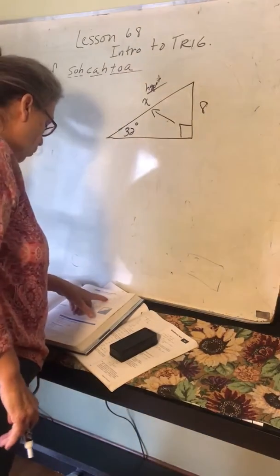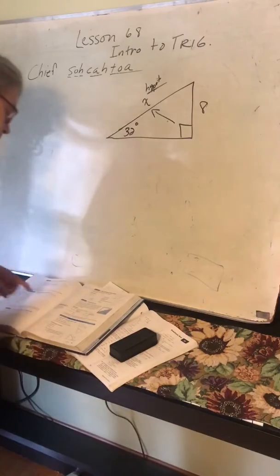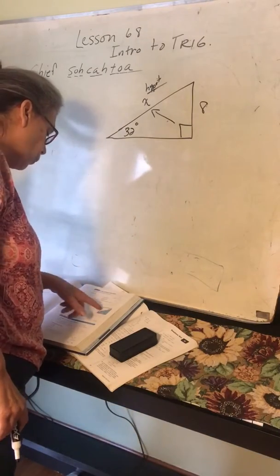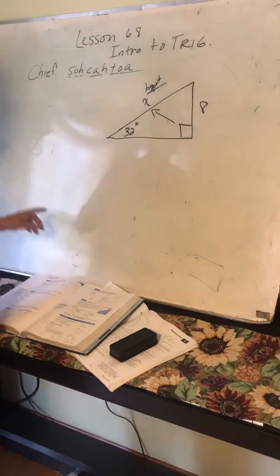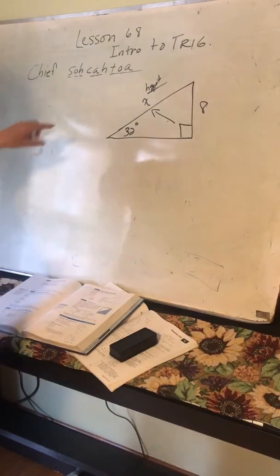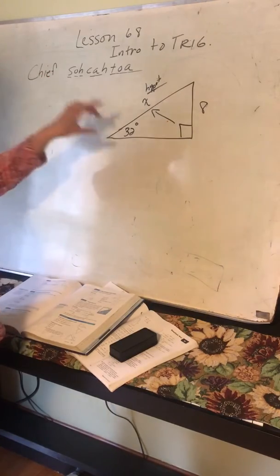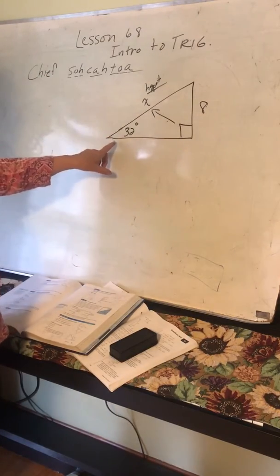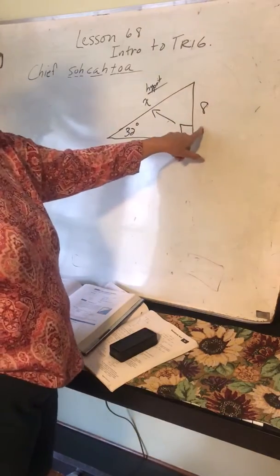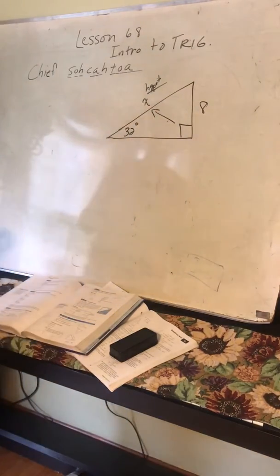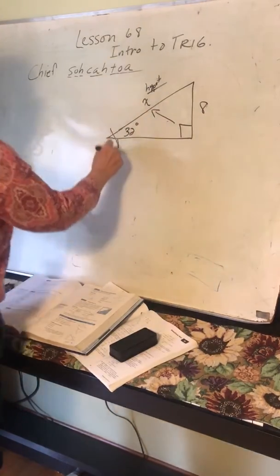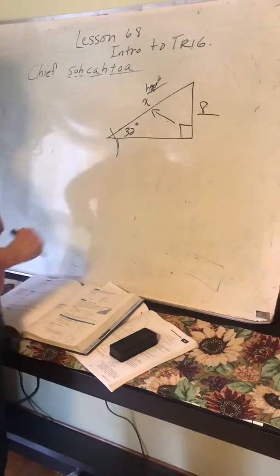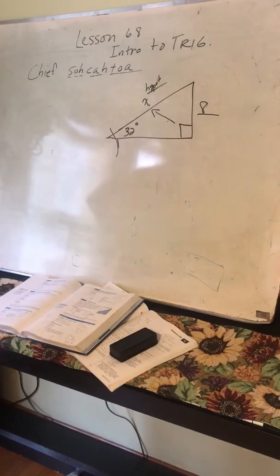Okay, so we want to solve for x, and we have an angle measure and the length of one side, so that's all we need. So we're going to use one of these. What do we have? From this angle measure, we have an opposite, don't we? And a hypotenuse, right?